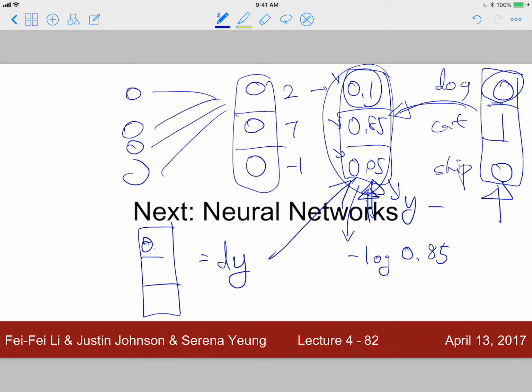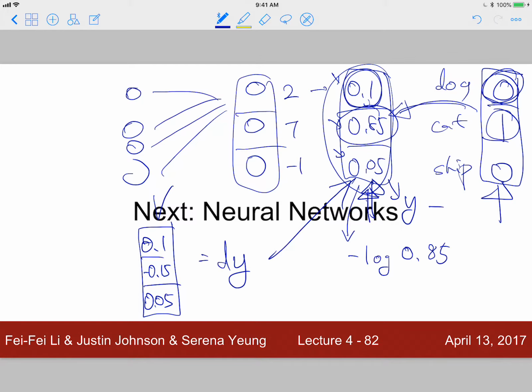And so this is 0.1 and -0.15 and 0.05, because we have a corresponding ground truth value as 0, and so 0.1 minus 0 will be 0.1, right? And 0.85 minus 1 will be -0.15, right?